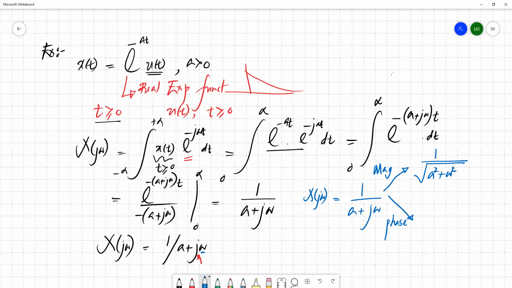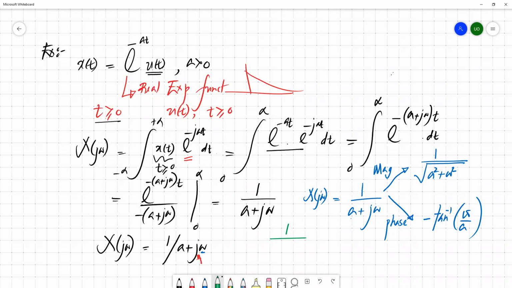And what about the phase? It's like minus tan inverse. This is the sine component, and this is the cos component. If you want to further clarify, you can convert this into a polar version.